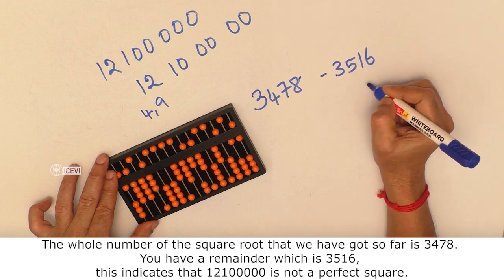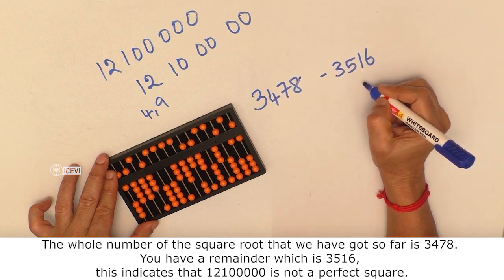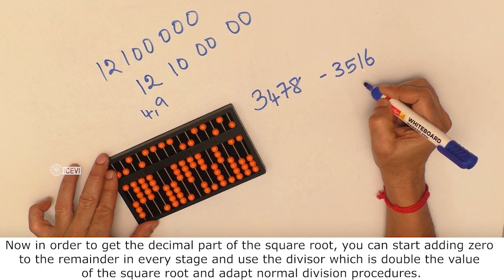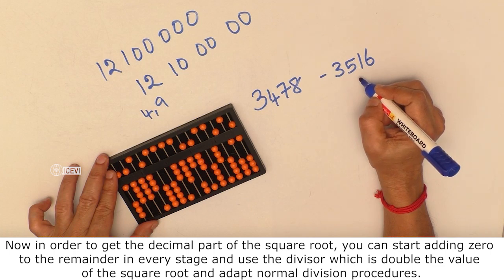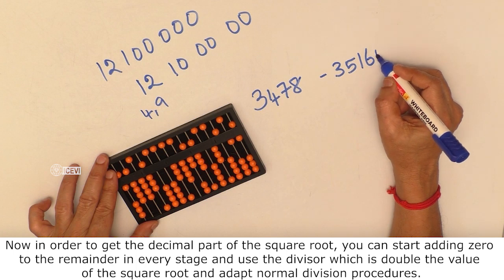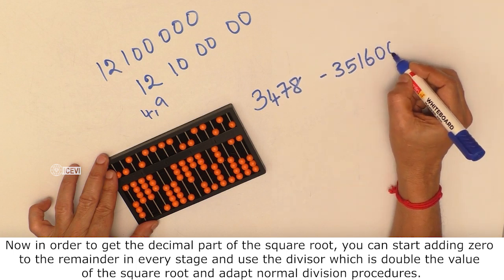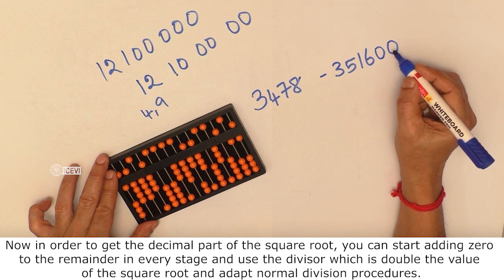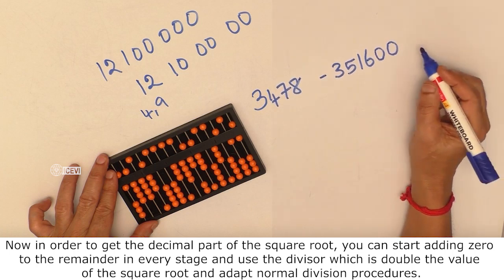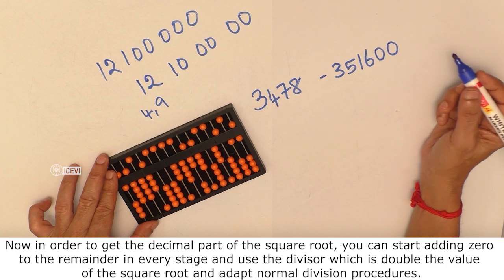You have a remainder which is 3,516. This indicates that the number 12,100,000 is not a perfect square. Now, in order to get the decimal part of the square root, you can start adding 0 to the remainder in every stage and use the divisor, which is double the value of the square root, and adapt normal division procedures.